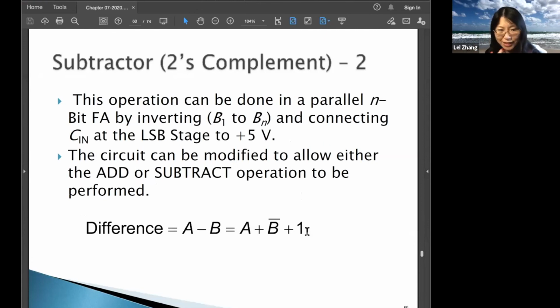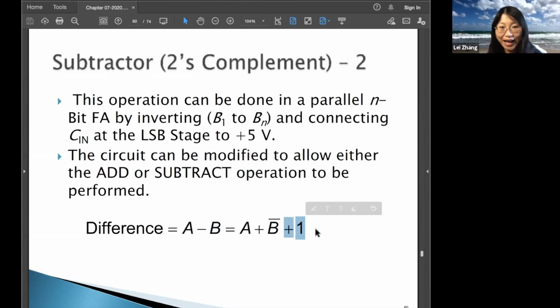So what does this mean? As I said, negative B. Let's assume B is a positive value. If we want to convert that into its two's complement, we have to flip every bit of B, that is B over bar. We flip every bit, that's one's complement. And then we add another one.